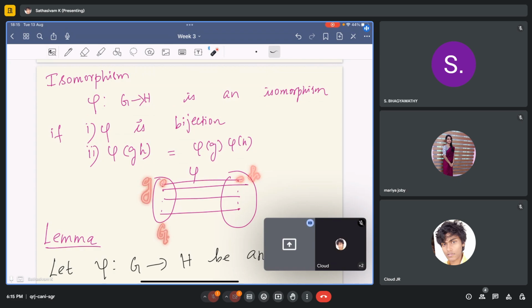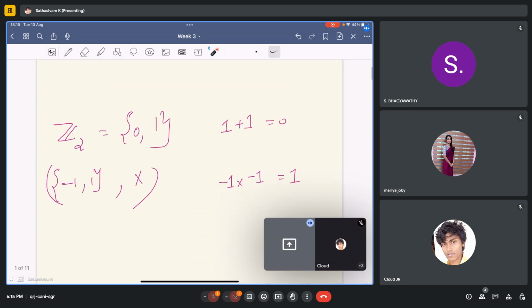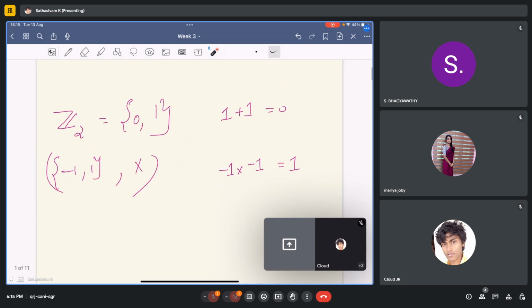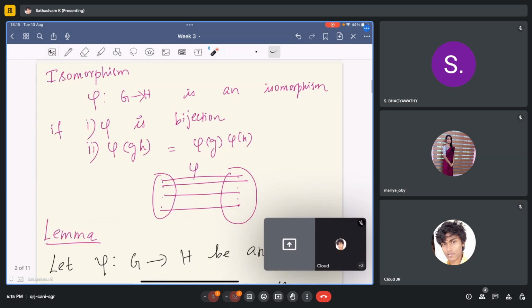Let's say that name I'm calling phi of g. Okay. So in this case, if you look here, this 0, in this group I'm calling it 0, but in this group I'm calling it 1. But the object is kind of the same. Okay. So isomorphism is a way to capture this.